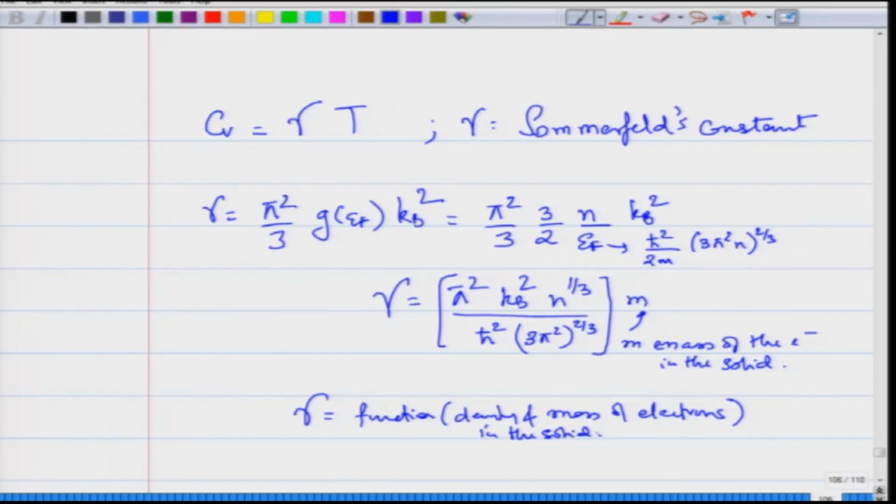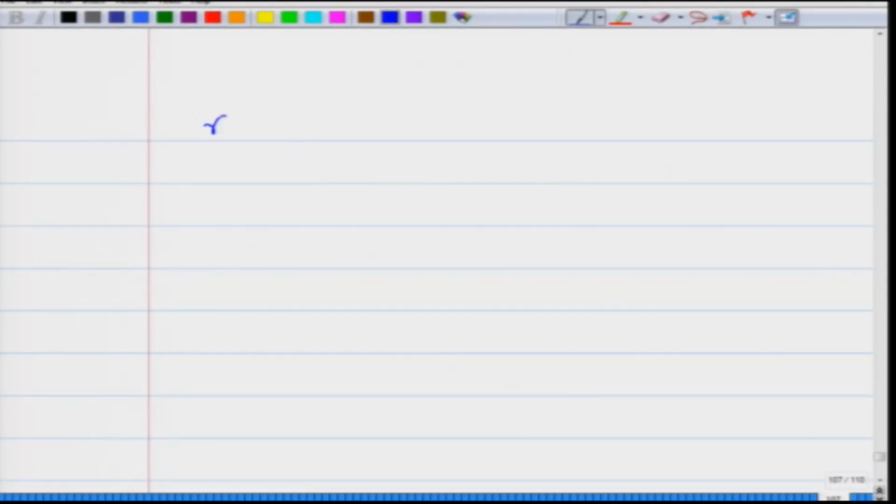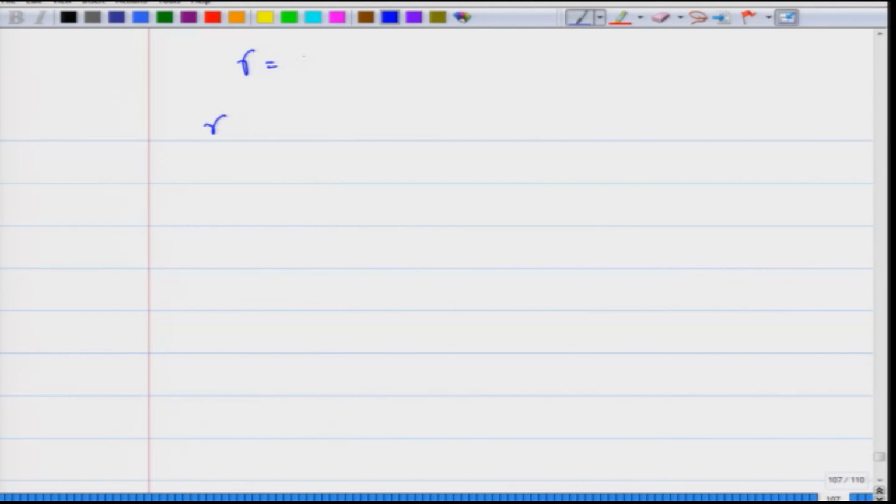So, what you can do is that you can actually calculate the Sommerfeld's constant. Okay. You can find out how much is the value of the Sommerfeld's constant for different metals, because you know that gamma is some function of the density of electrons and the mass of the electrons, and for mass you just use the bare mass of electrons.